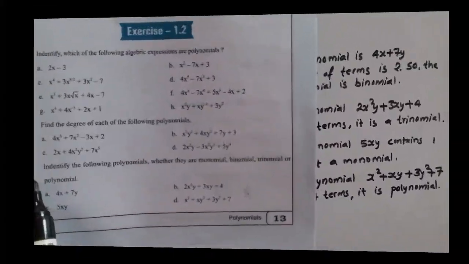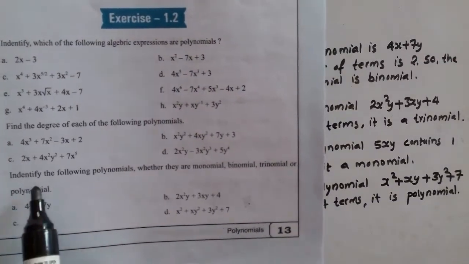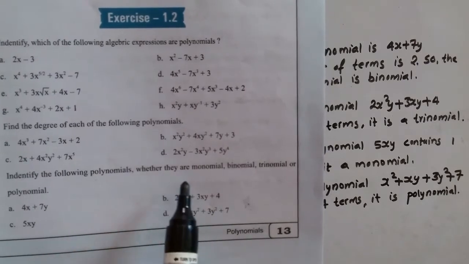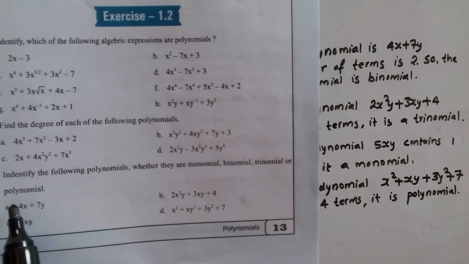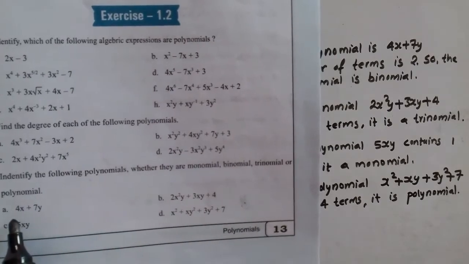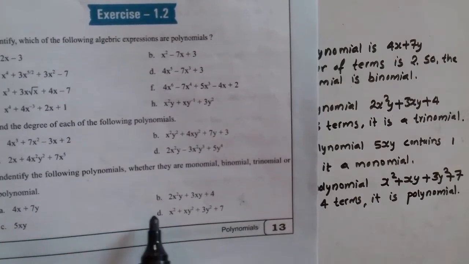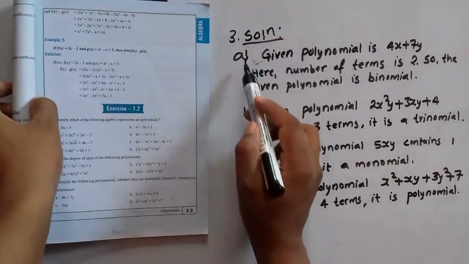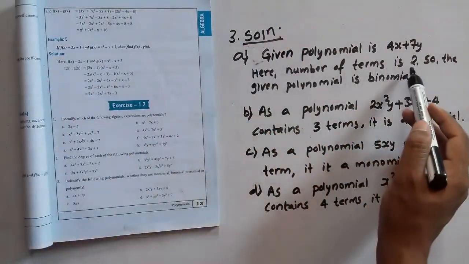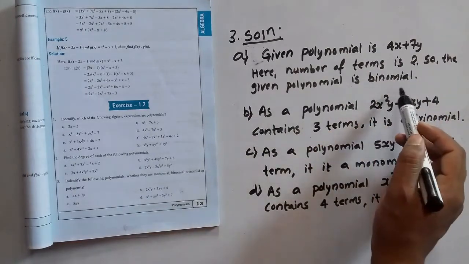Question number 3: we have to identify the following polynomials, whether they are monomial, binomial, trinomial, or polynomial. For this, we have to see how many terms there are in the given polynomial. In question 3a, the number of terms is 2, so it is binomial.